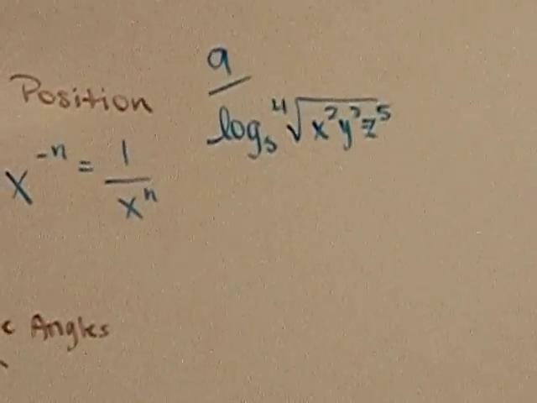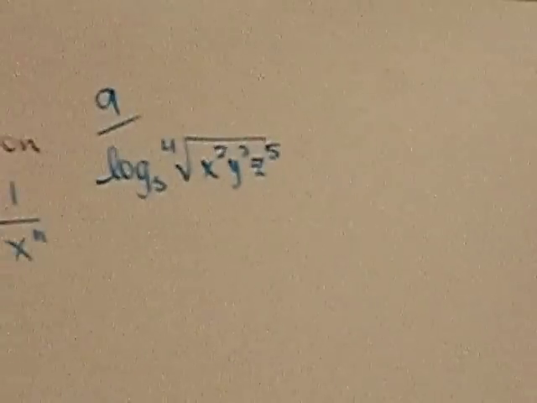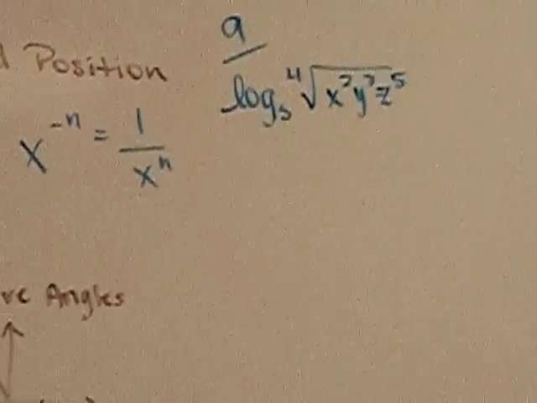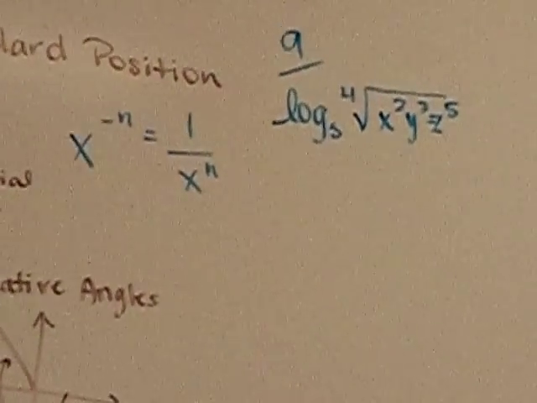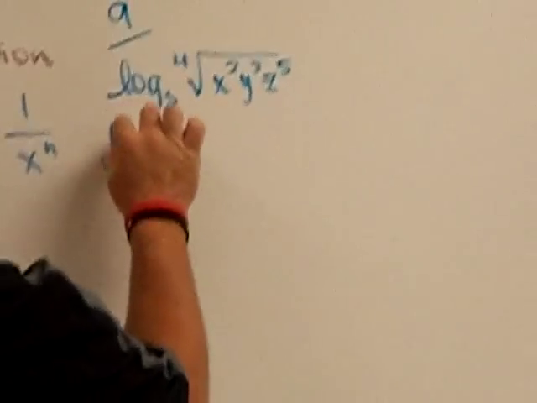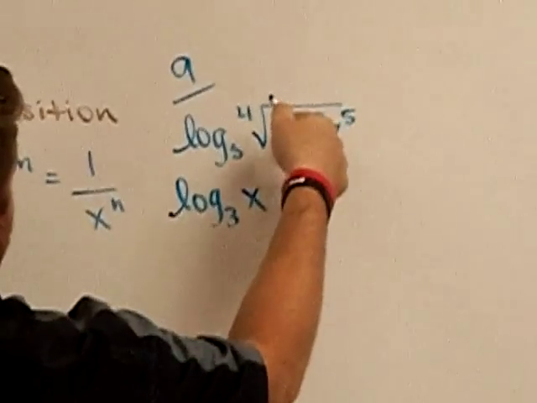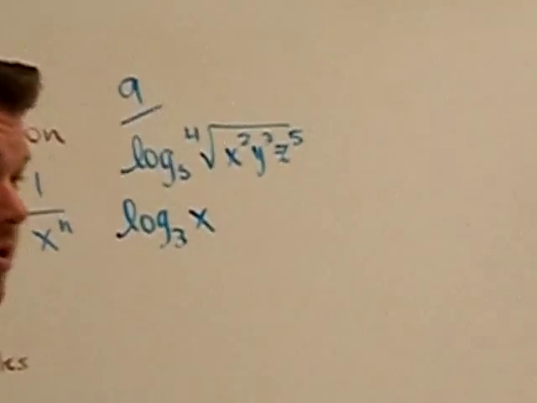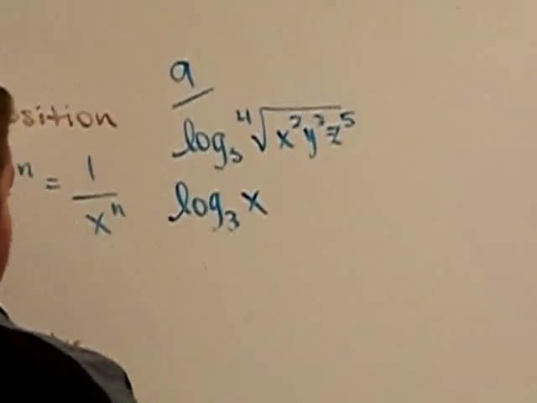Do we not say whatever the radicand is raised to is the numerator over whatever root we're taking, which is the denominator? Same thing. We got log base 3 of x, that's raised to the 2nd power over 4th root. What's 2 over 4 simplified? 1/2. So x to the 1/2.